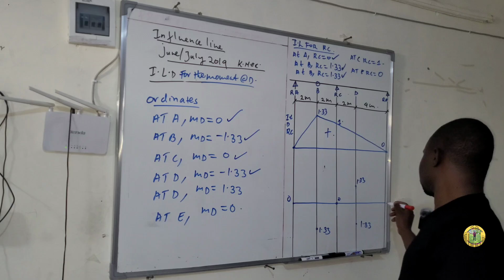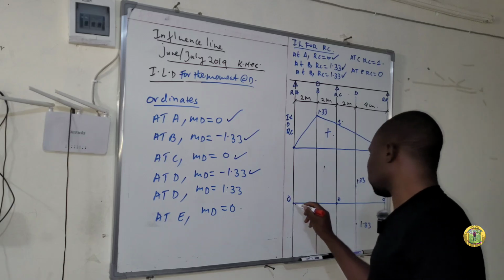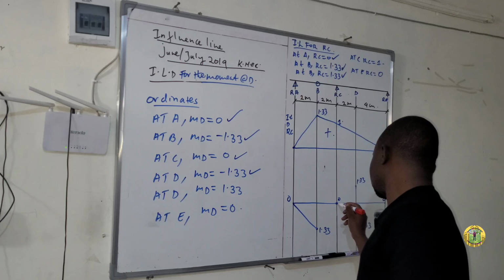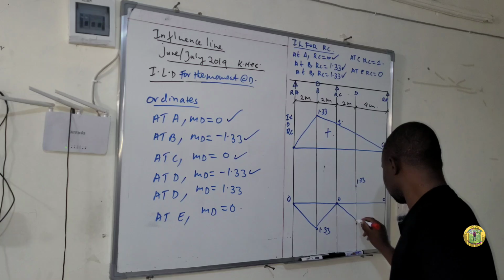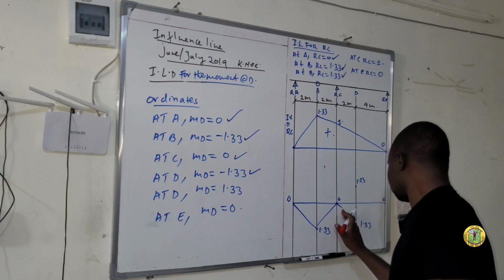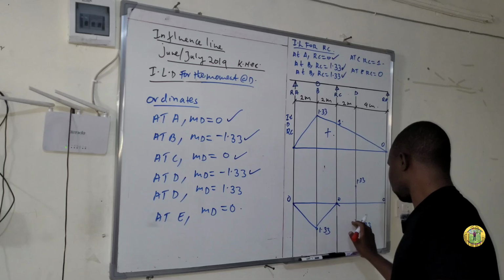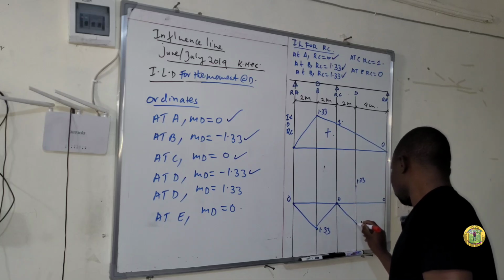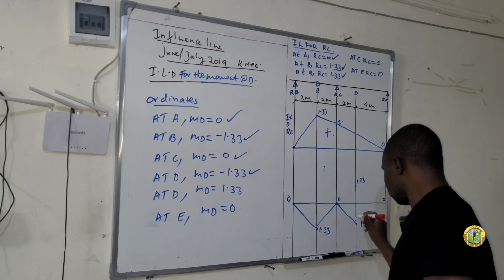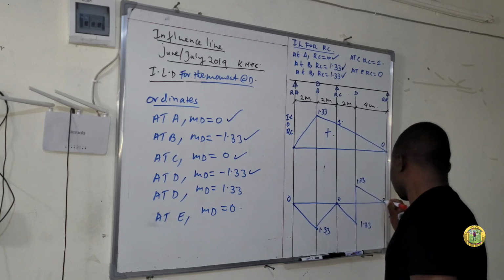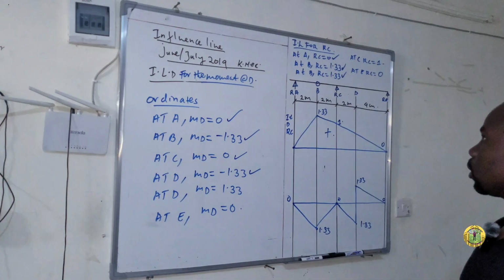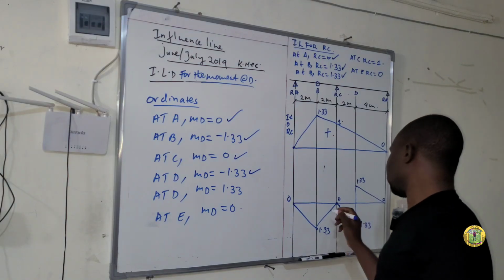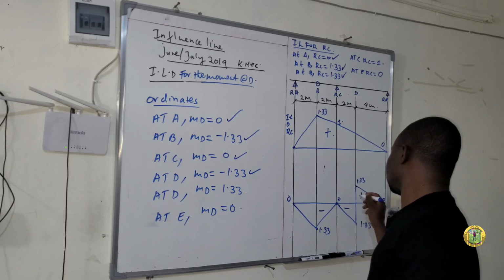And then 0. So it will go like this. You join the points. Like that. So that is how you draw the influence line for the moment at D. So this is negative, negative, positive.